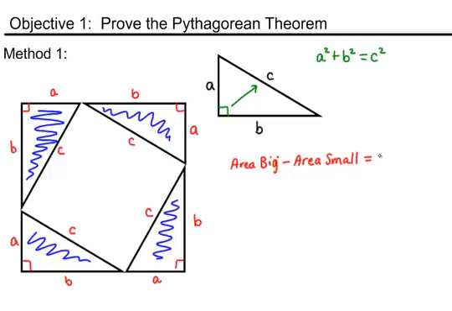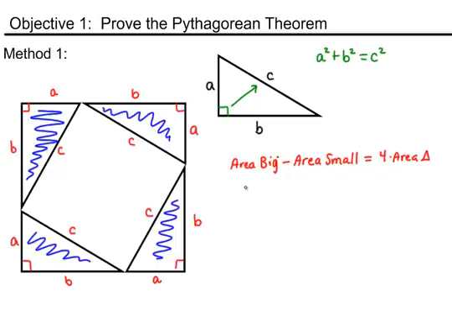The other way we're going to do it is take 4 times the area of the triangles, because there's 4 triangles. We're going to see if that's indeed equal to each other.